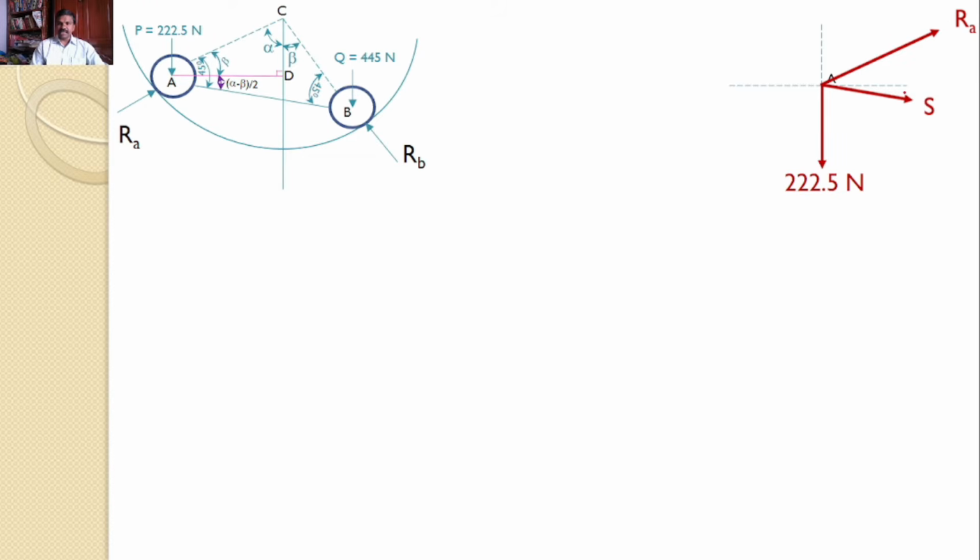Let us discuss the various angles made by these forces. RA is the force that acts along the radius AC. And we know that this AC makes an angle alpha with the vertical, hence RA makes an angle alpha with the vertical.